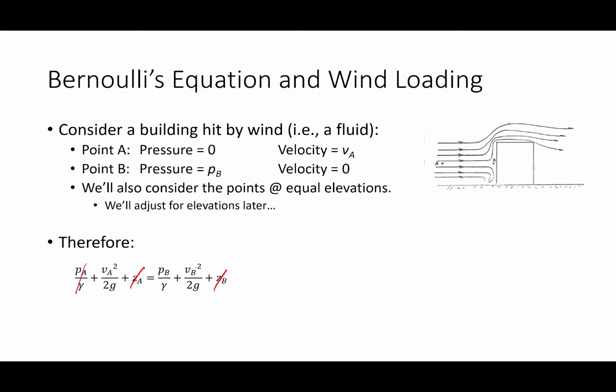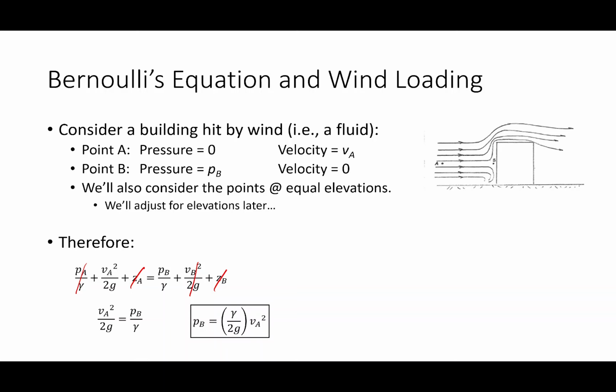And for point B, we'll cancel the velocity, okay? So we'll arrive at this, and then we'll rearrange it and solve for the pressure, and we'll get that the pressure at point B is going to equal the velocity squared times this quantity gamma over 2g.